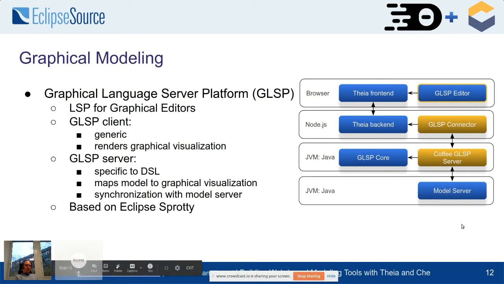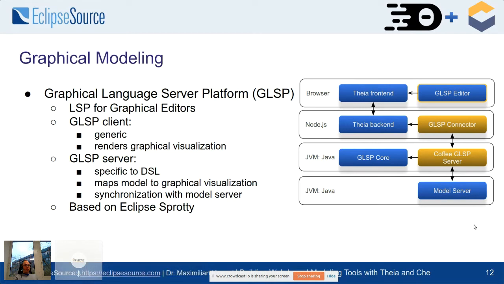If we look at a round trip, if you add a node in the GLSP editor, it will notify the connector. The connector will send that to the Coffee GLSP server. In case it is not there, it would even fire it up. So it also controls the life cycle of the GLSP server. And the GLSP server itself will then look at that change.